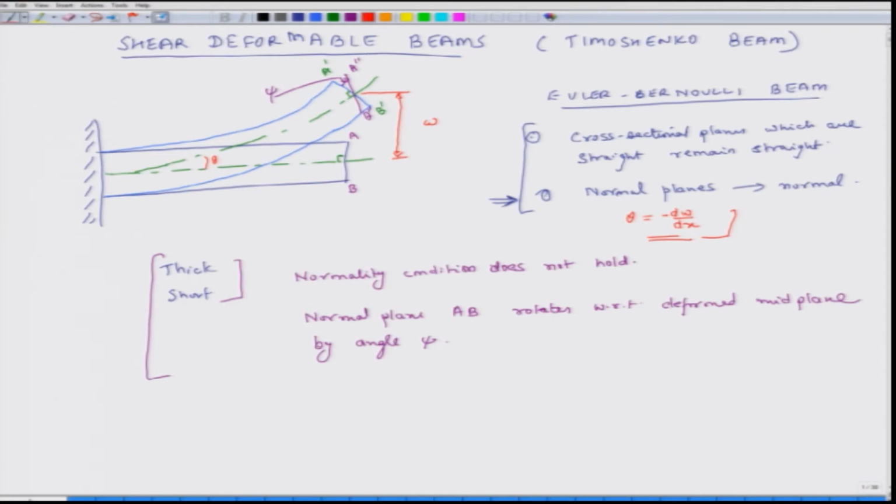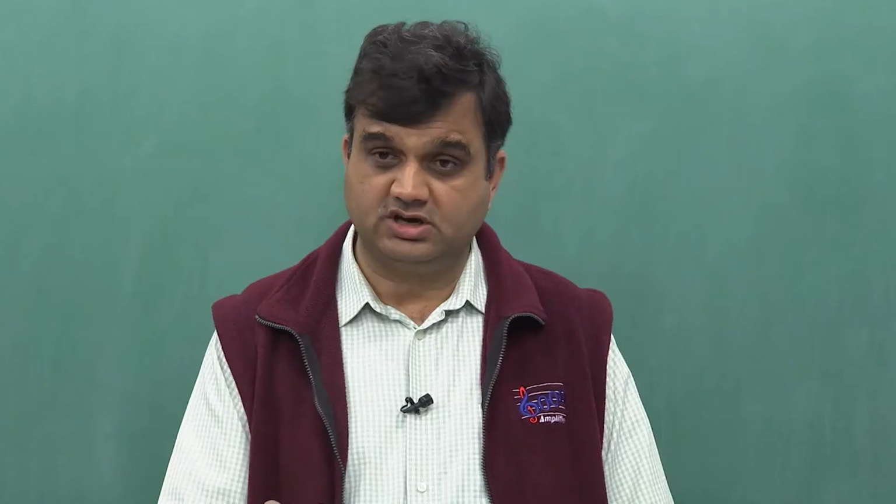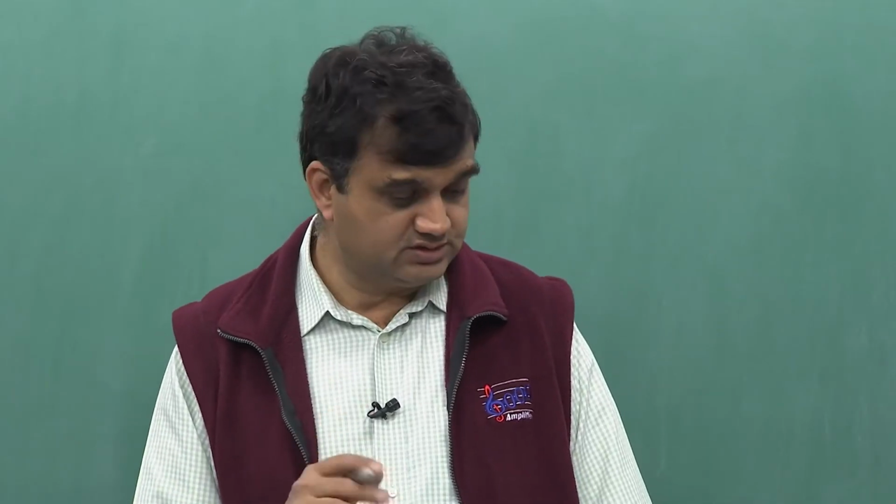So, in an Euler Bernoulli beam, line AB rotates by the same angle, but in a shear deformable beam, that rotation is not same as theta, which is equal to dW over dx.